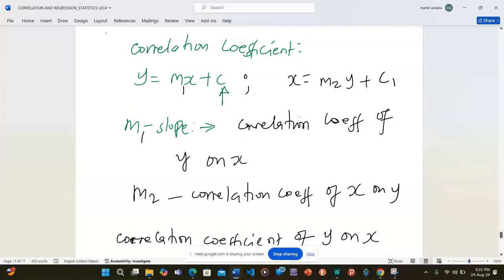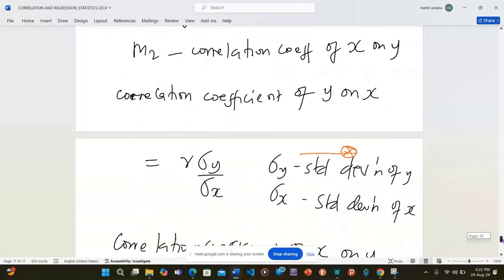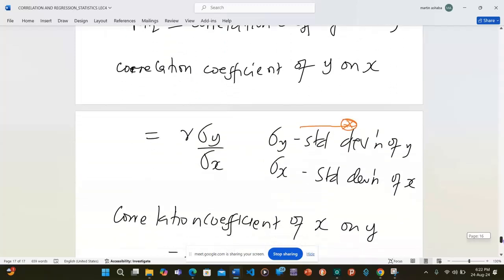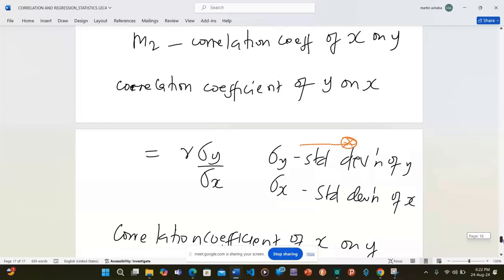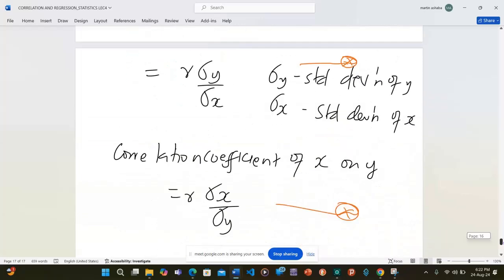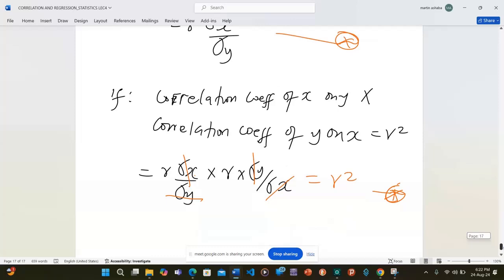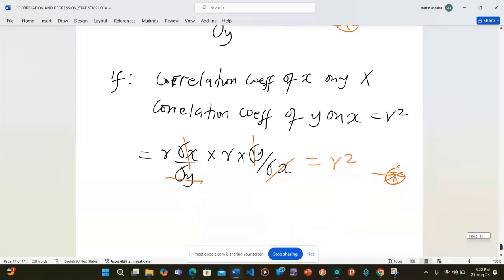Then if I multiply those two slopes, and each slope, remember, is equivalent to the correlation coefficient, for example, the correlation coefficient of x on y and of y on x, one equal to r sigma y over sigma x, another equal to r sigma x over sigma y, you'll find that I'm getting r squared. And this r squared is what is going to give me the general correlation coefficient of this regression.